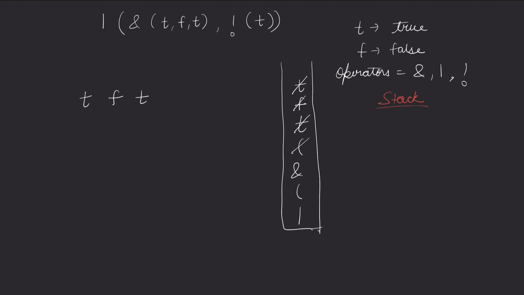Now once we have stopped here, we have got all the values, but we do not know what operator has to be applied on these values. Now how can you get that? I told you that just before this opening bracket, an operator will be present, right? And in the stack, we stopped at the point where we encountered an opening bracket and we removed it.